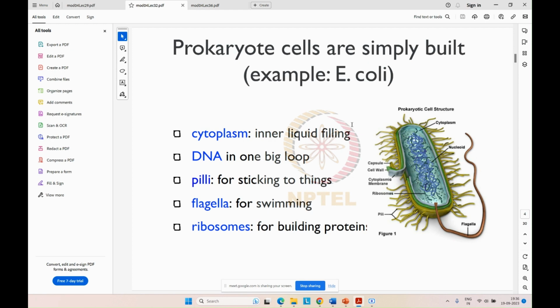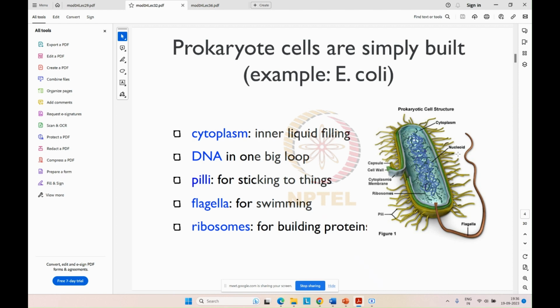The motility of bacteria happens through flagella and pili. Flagella helps them to move around, and pili helps them to stick to the substrate they want to stick to.